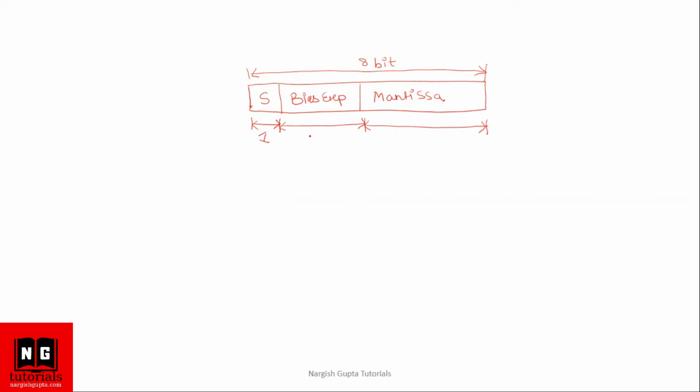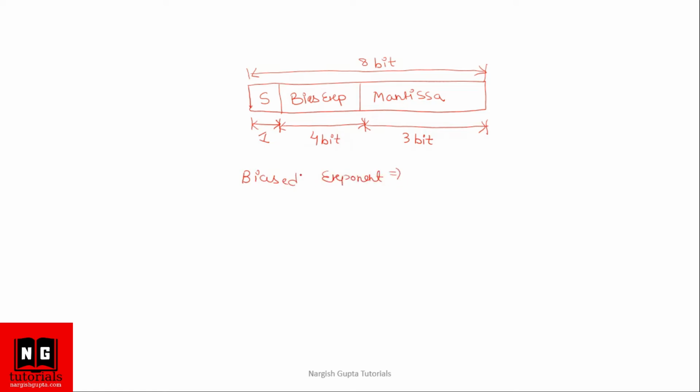Now what is this biased exponent? We will see this. This will be of 4 bits, and the mantissa will be of 3 bits when we have the 8-bit format.